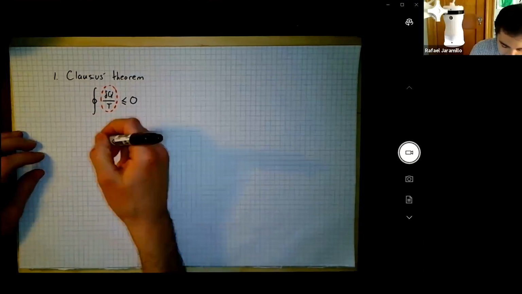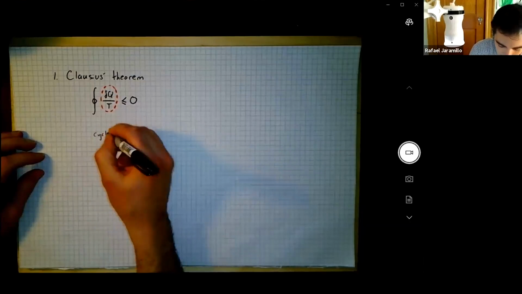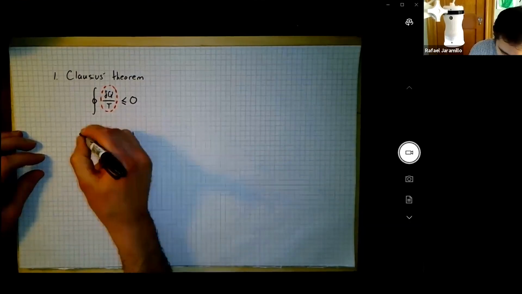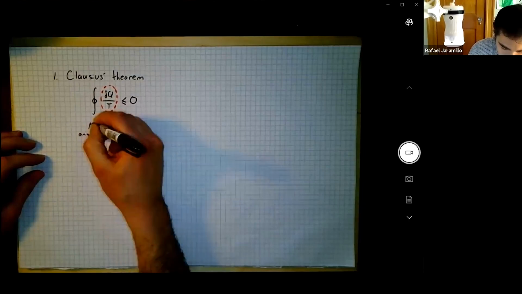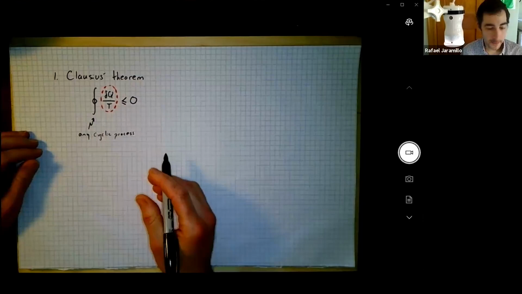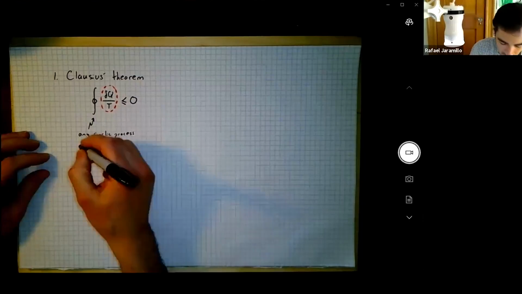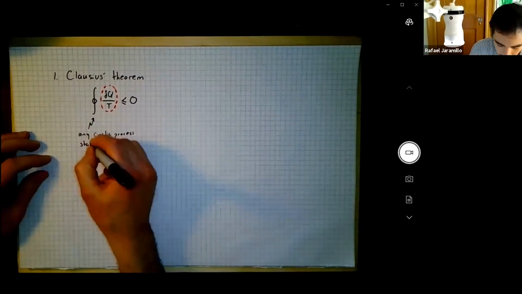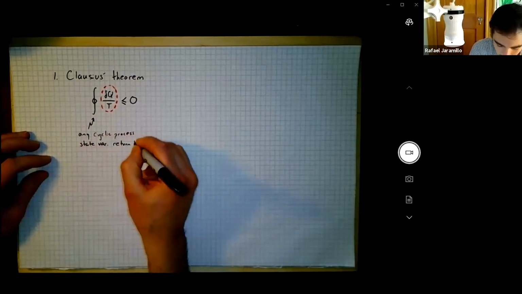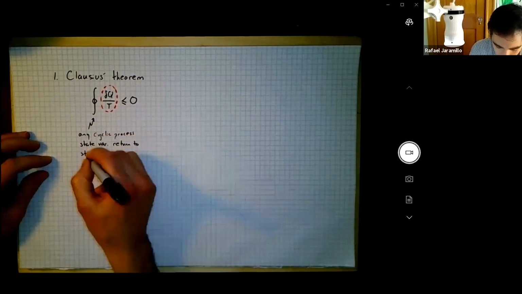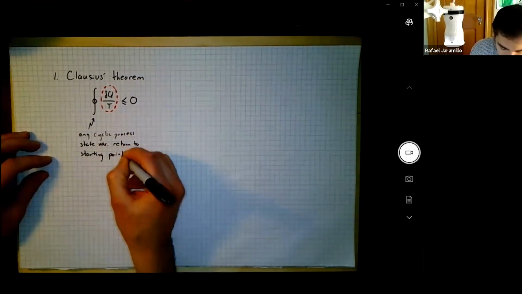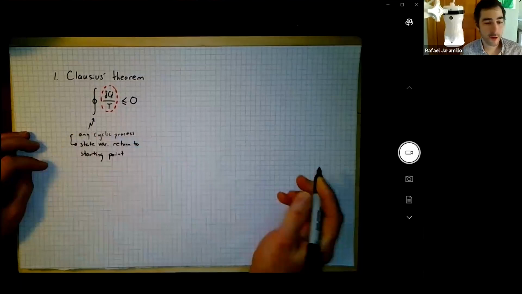This is a cyclic process. Any cyclic process. Doesn't have to be a Carnot engine, it can be anything at all. Any cyclic process where the state variables return to starting point, which is just rephrasing what it means to be a cyclic process.